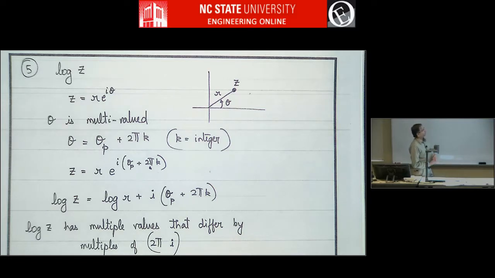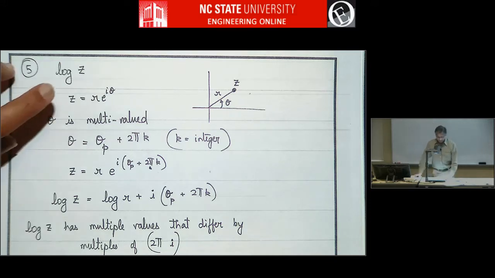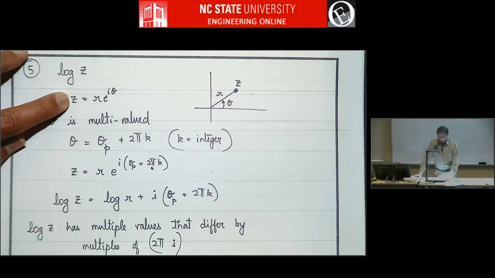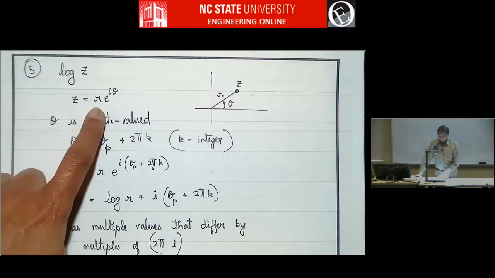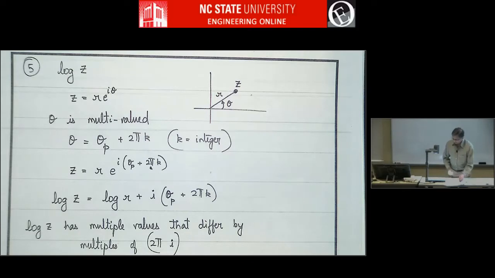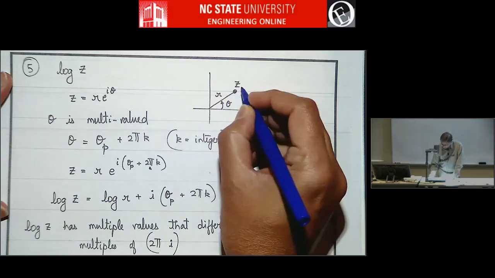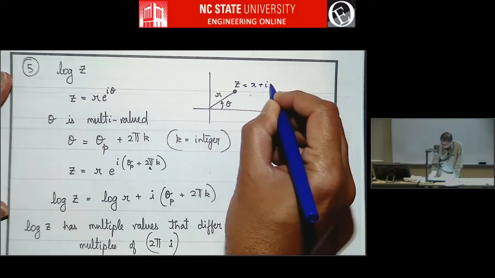Then we come to this interesting function called logarithm of z. Right? So you can write z in polar coordinates, in polar form. If you look at my 3 pages of notes on review of complex variables, you'll see that. So this is z equals x plus iy, right?